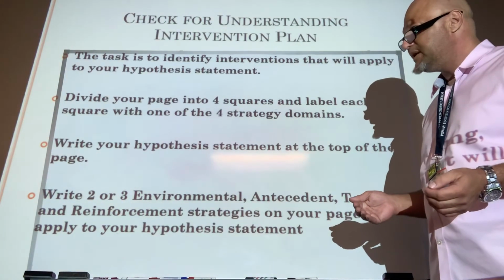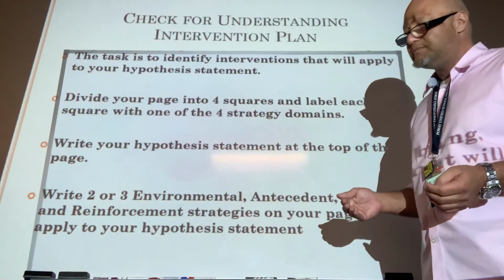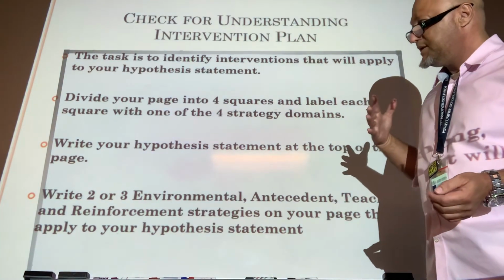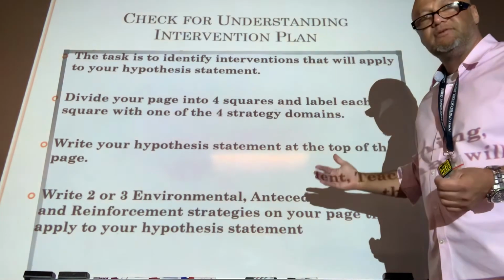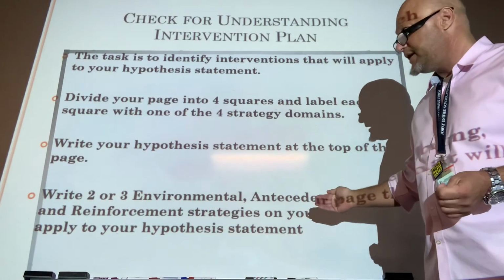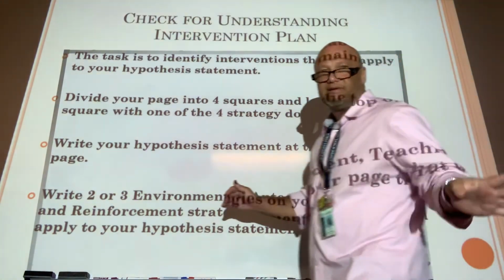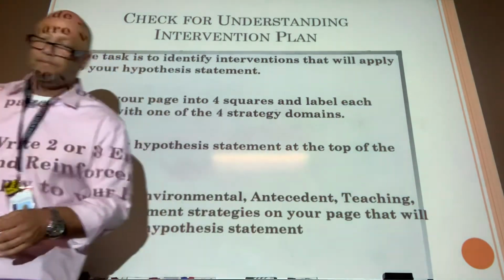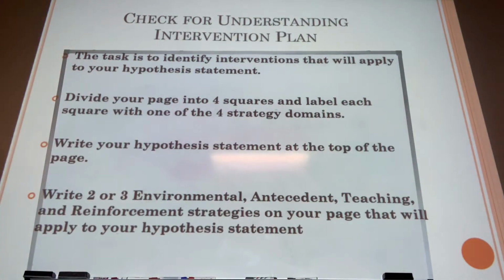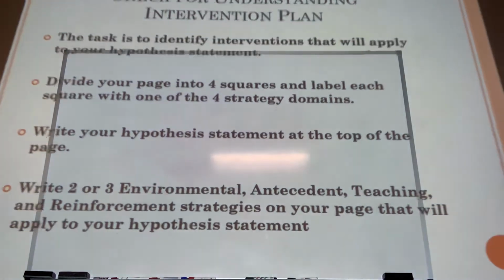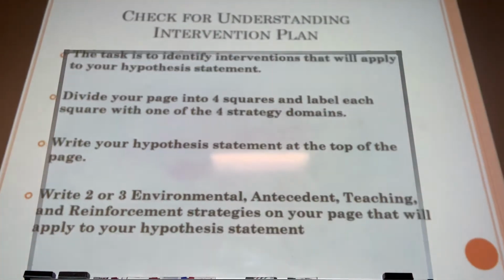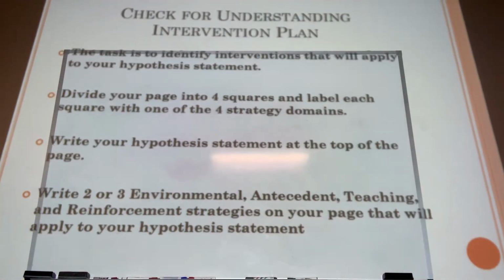I want you to be able to put an intervention or treatment plan in place based on that. So I want you to get a page. You've got a blank page on your table there, and I want you to break it into 4 parts.